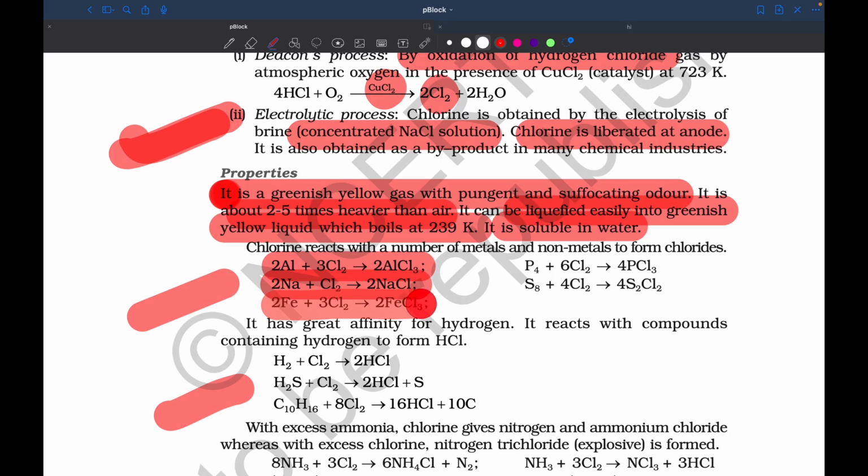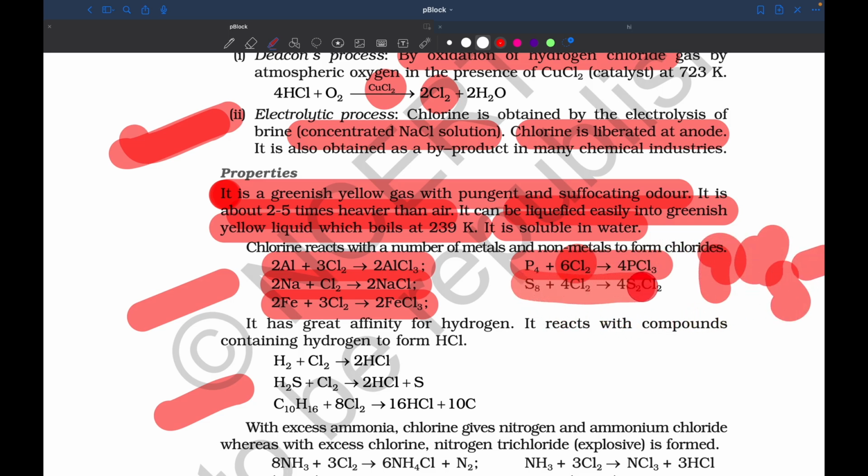FeCl3 is formed by the reaction of Fe plus Cl2. We also checked the reactions of phosphorus. Phosphorus plus chlorine gives you PCl3. If chlorine is taken in excess, what product do you get? PCl5 is the product. Sulfur plus Cl2 gives you S2Cl2. S2Cl2 can undergo disproportionation, right? Chlorine also reacts with hydrogen to give HCl. H2S with chlorine gives you HCl plus sulfur.